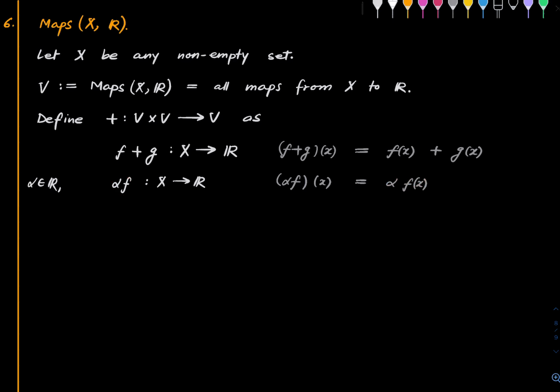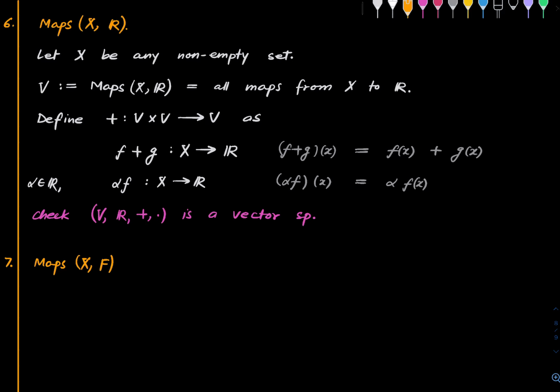So this is how we define plus and dot, and one can check that V as defined above with R as the base field, plus and dot is a vector space. You have to check 8 axioms. Okay, so pointwise addition and multiplication give you a vector space structure on this set. You can just generalize this example immediately to any field. There was no sanctity to the field of real numbers. The same thing you can do for any field.